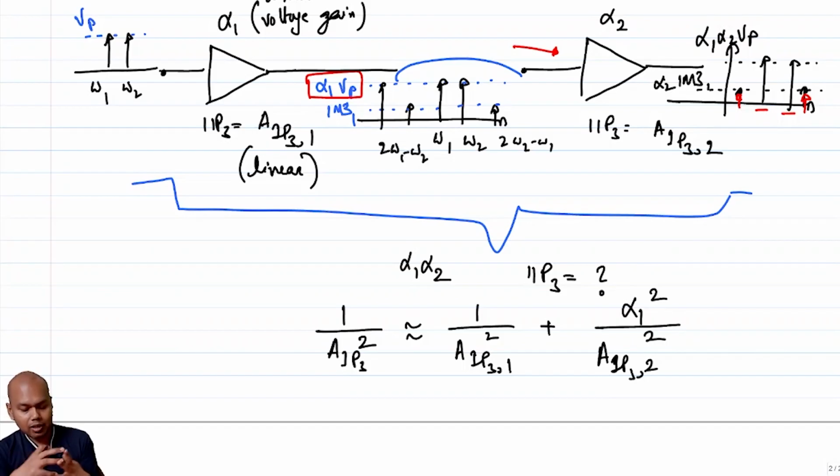So it looks like the IIP3 of the entire system has gone down. The moment I put a gain block before the nonlinear block, the input referred distortion characteristics of the overall system have gone down. Correct? So why does it make sense?